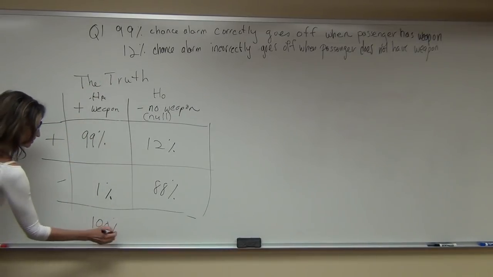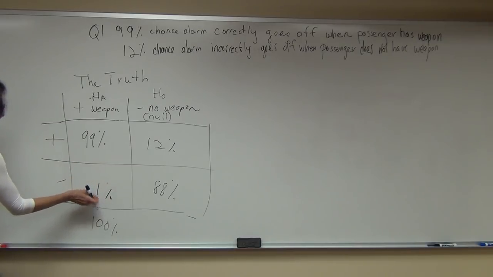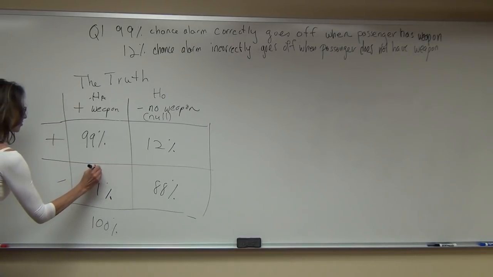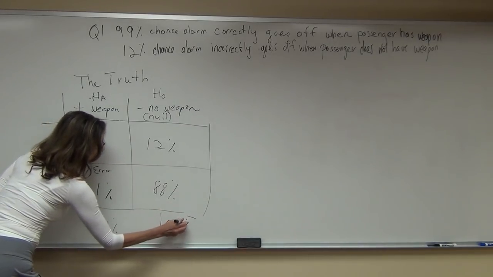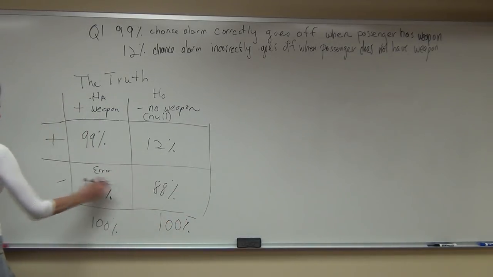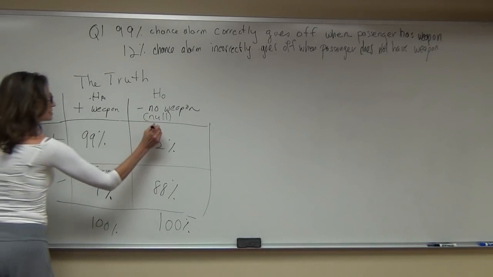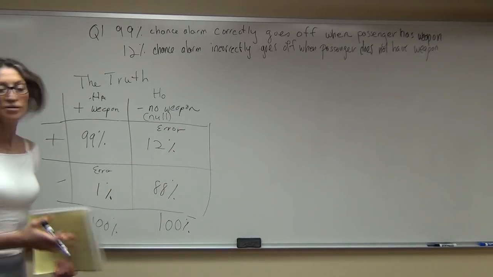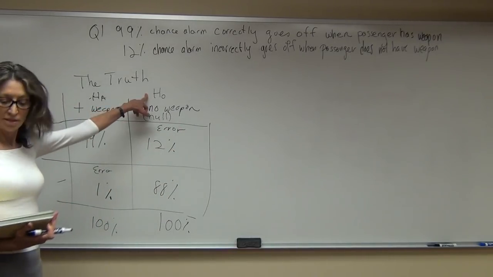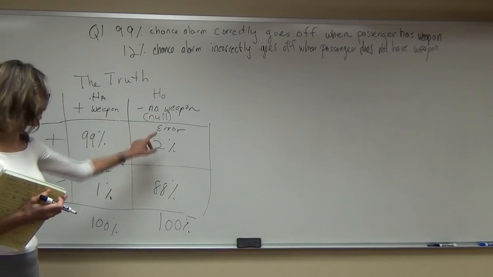You're either in this situation, so you either make the right decision or the wrong decision, so this is an error, or you're in this situation, and you either make the right decision, negative, or the wrong decision, so that's an error.